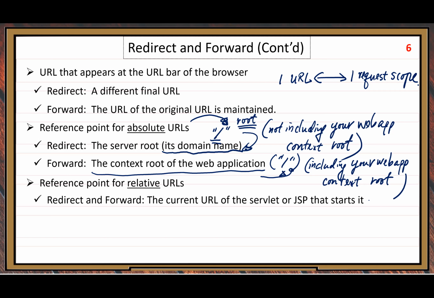That servlet or JSP has its own URL, right? That location is your default location for relative URL. So for this part, they're both the same. Relative means you do not start with that slash. You just specify some path starting from the current location.